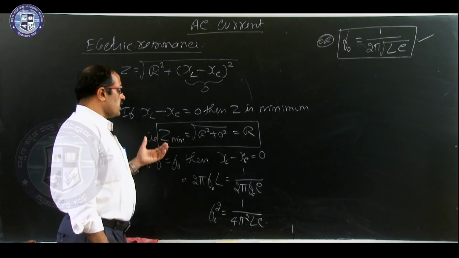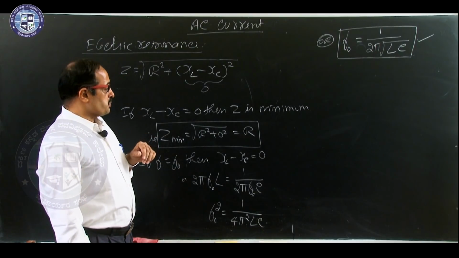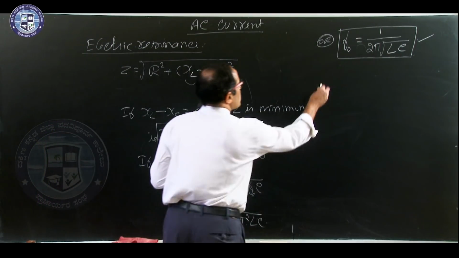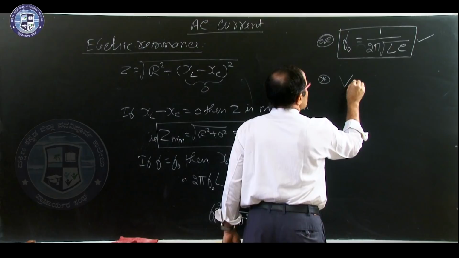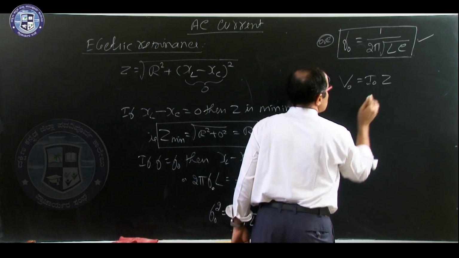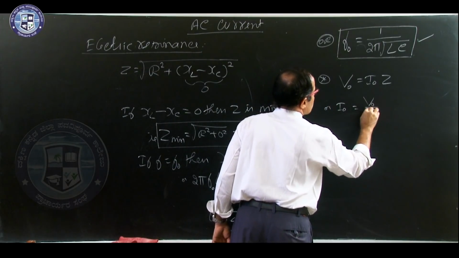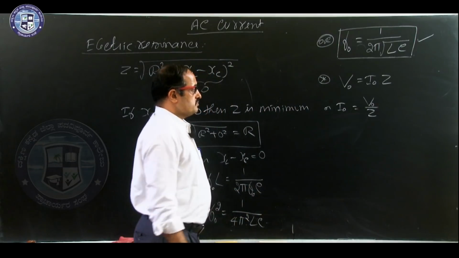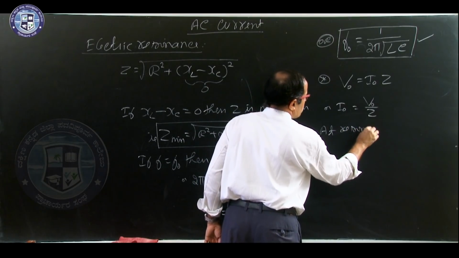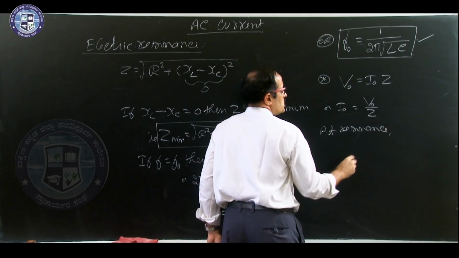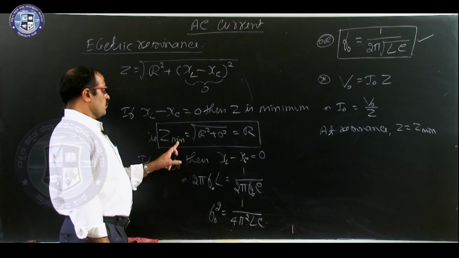Now, why do we use the term resonance, electric resonance? That also I want to explain. Now, the reason is like this. Earlier we know that V naught is equal to I naught into Z, or I naught is equal to V naught by Z. At resonance, Z is equal to what? Z minimum. What is Z minimum?